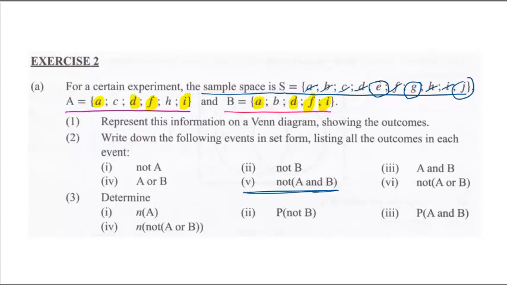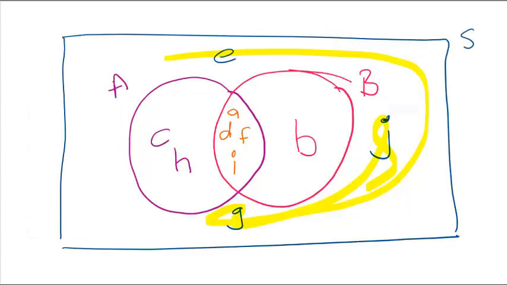Not A and B. So this and, remember the and refers to the overlap. So it's not just what's outside, but it's everything outside of that. So it's going to include this and it's going to include this. It's not this I in the middle, right? So it's not ADFI, it's everything else. So let's go ahead and write that down.